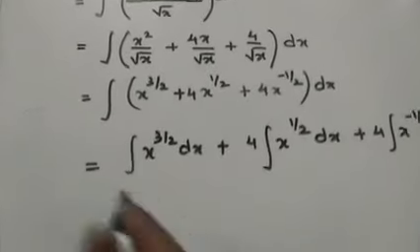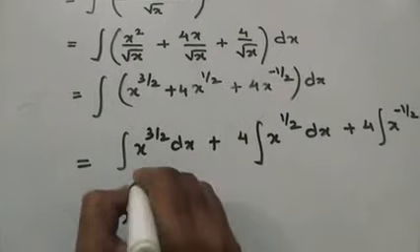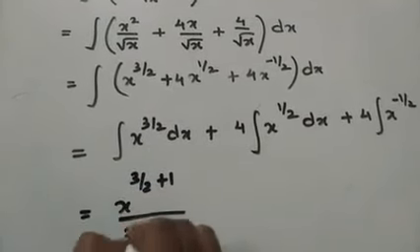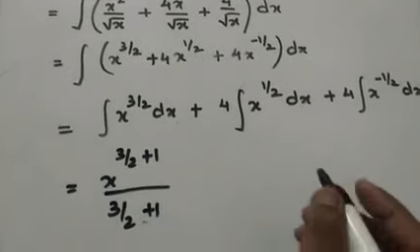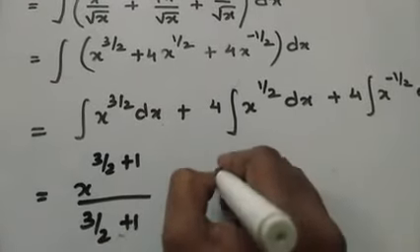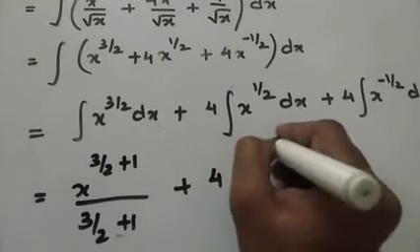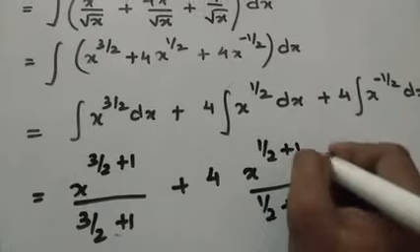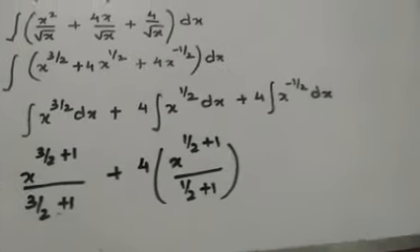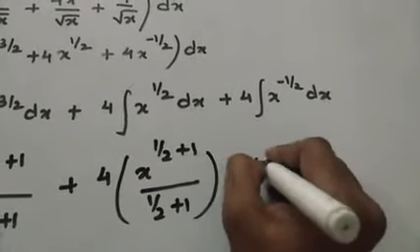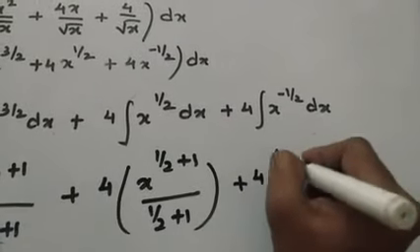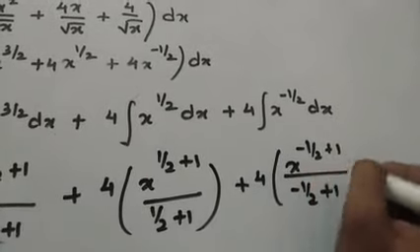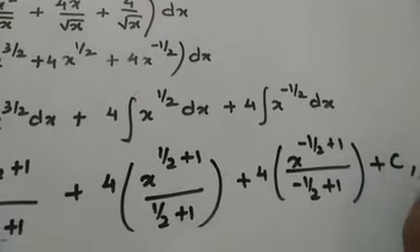Now x to the power 3 by 2, using the formula, that is x to the power 3 by 2 plus 1 by 3 by 2 plus 1, plus 4 x to the power half plus 1 by half plus 1, plus 4 x to the power minus half plus 1 by minus half plus 1 plus c.